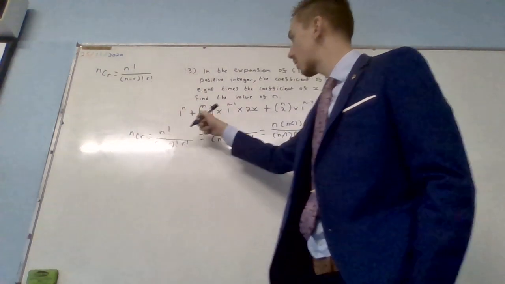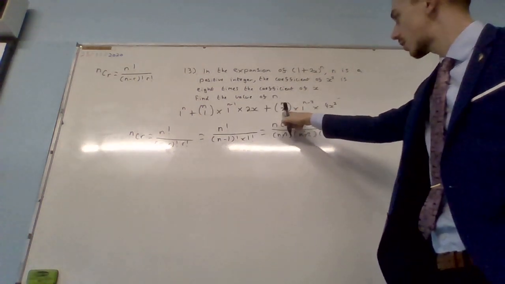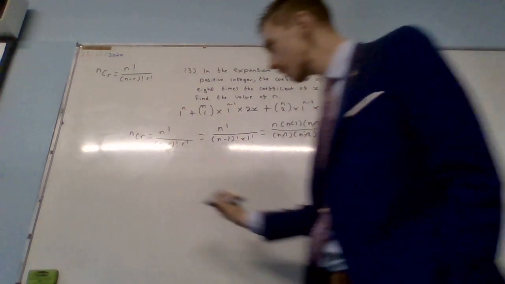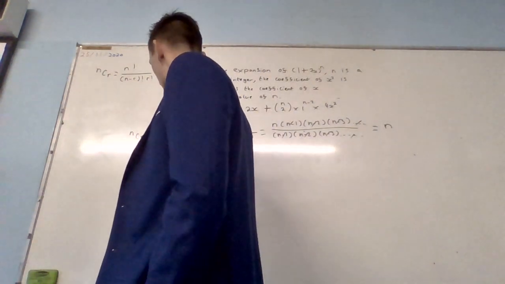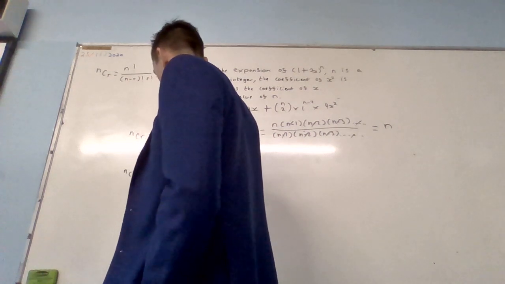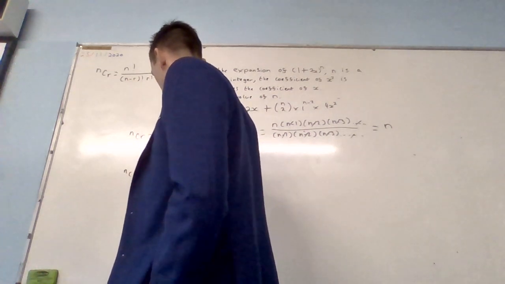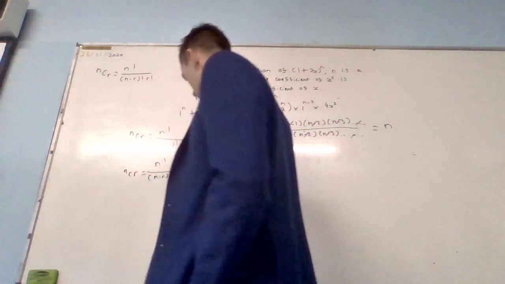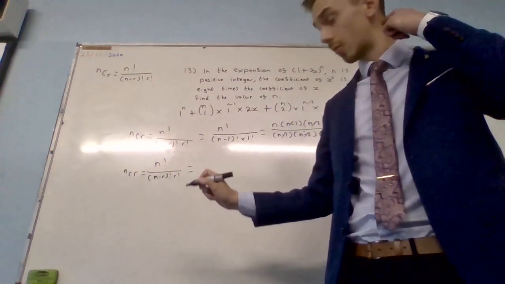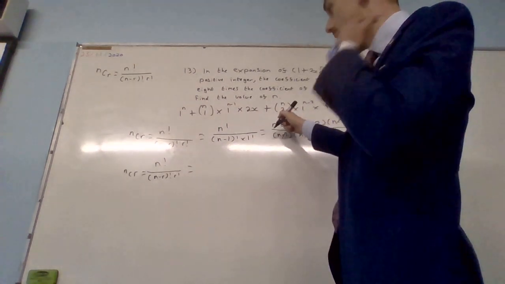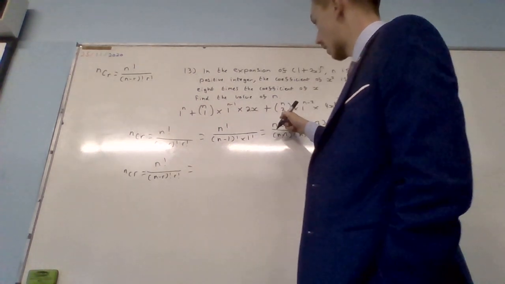Let's now do it for our n choose 2, which we had for our coefficient of x squared. Let's do it properly from the very beginning while I have the formula. If you want to try and do this with me, we're subbing in our numbers for when we've got n and r is 2.